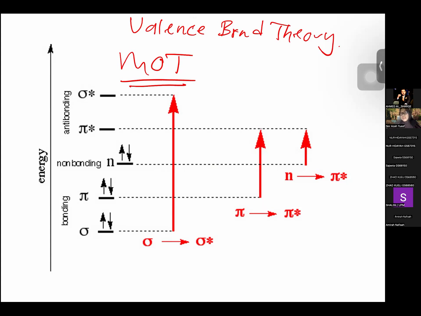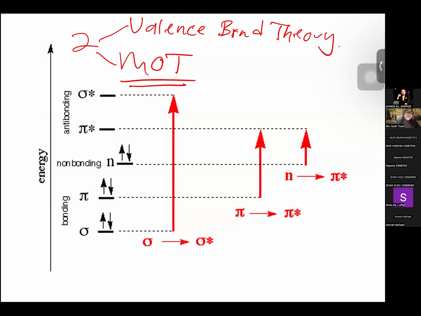But according to molecular orbital theory, the name of the orbital is no longer SPDF. It's no longer considered as atomic orbital. It is straightaway considered as molecular orbital. So these two theories are different, but they are trying to explain the covalent bond, how the electron is being shared.